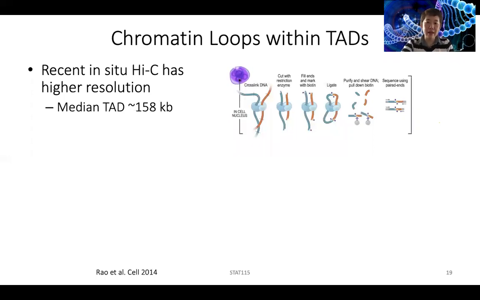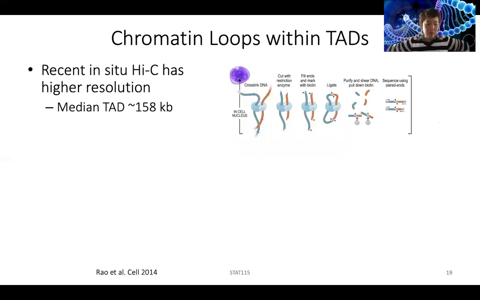Recently, there has been technology development where people are able to get this experiment working even better, and they are getting higher and higher resolution. And the new technology is called in situ Hi-C. It's roughly the same Hi-C experiment, just technique-wise slightly better. They now see that on average, the TAD is around 158 kb.